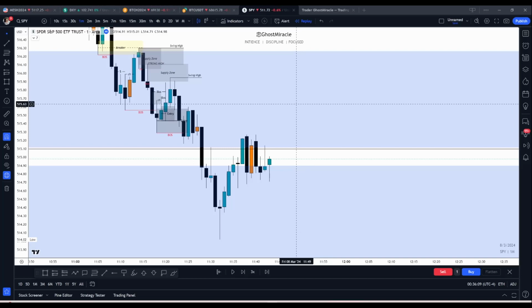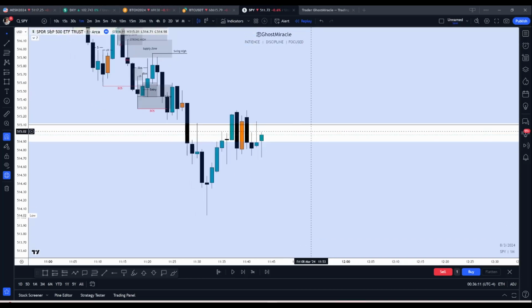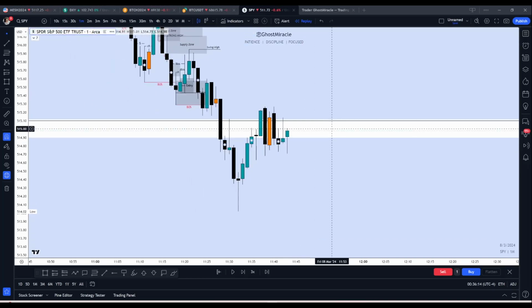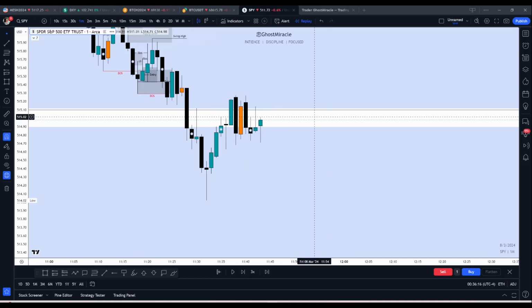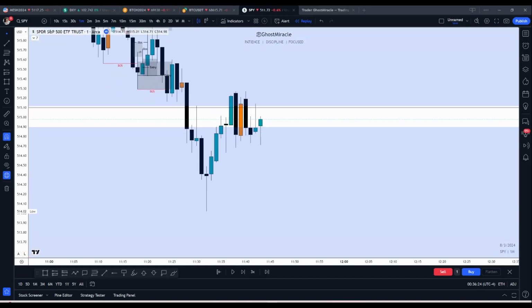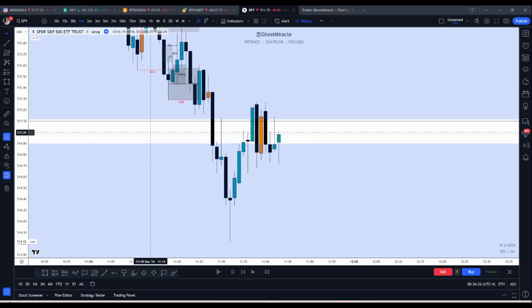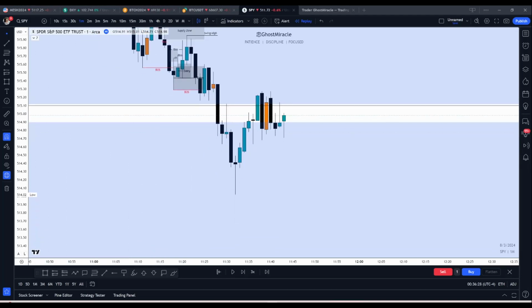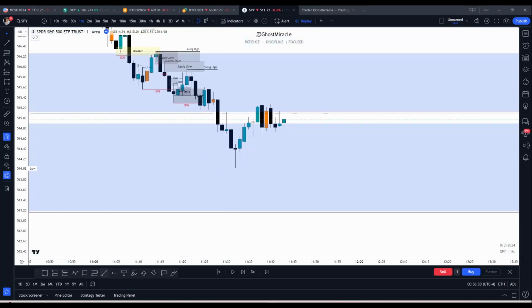Okay. It kind of changes things a little bit for the swing structure wise. All right.